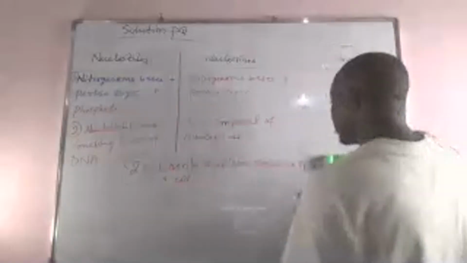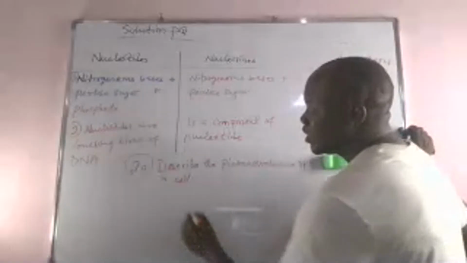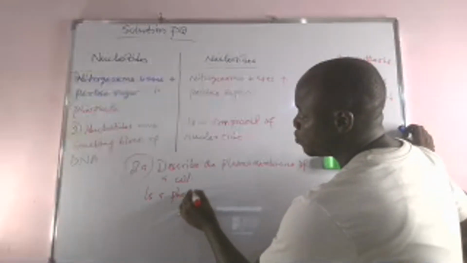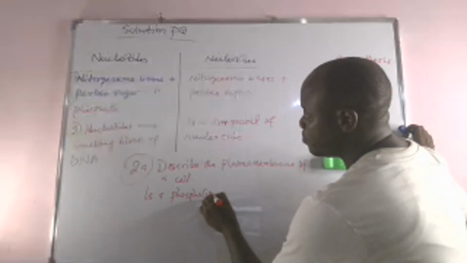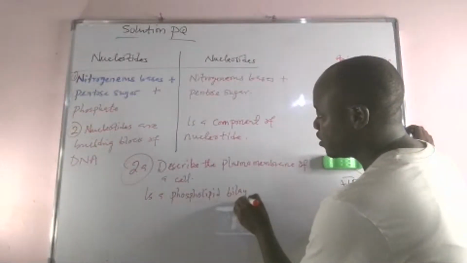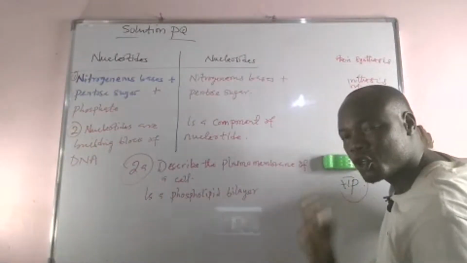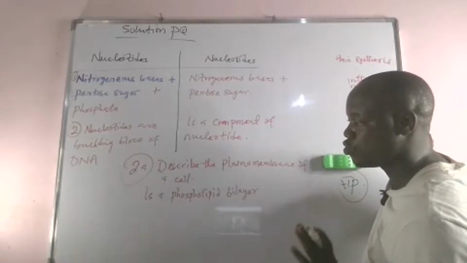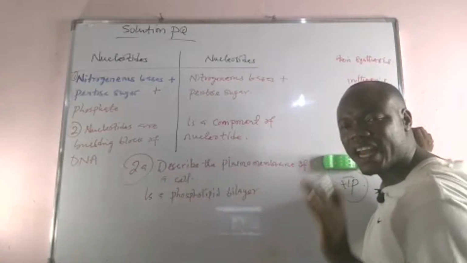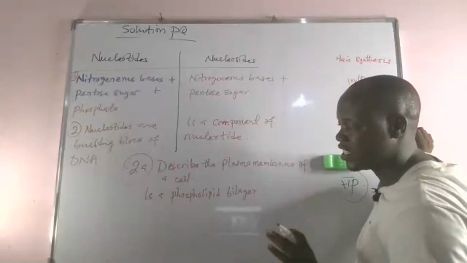So the plasma membrane is a phospholipid bilayer. This is the most important thing that you need to know, because we are to describe. It means that we have to describe it structurally.